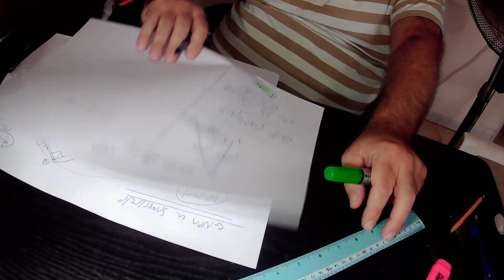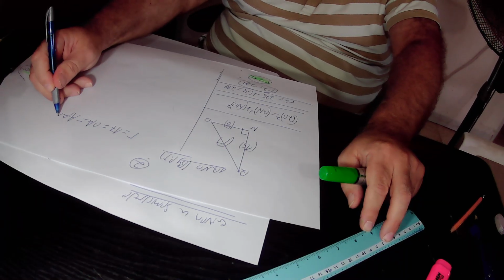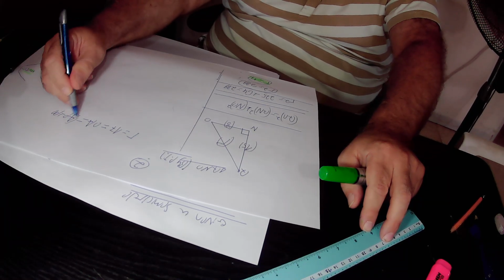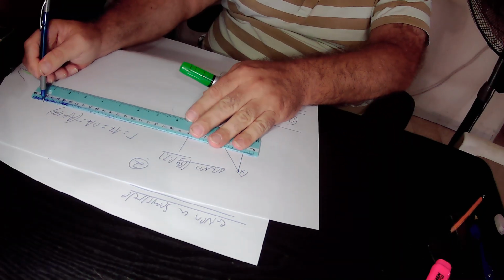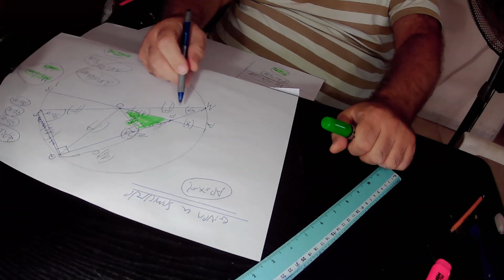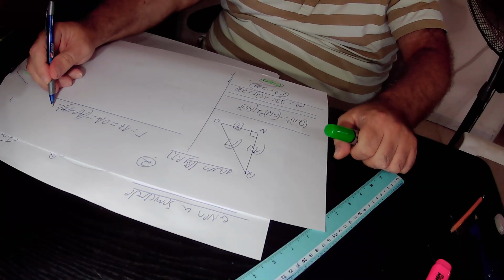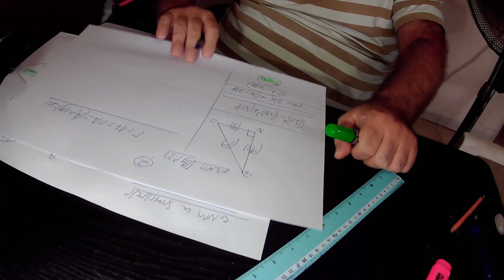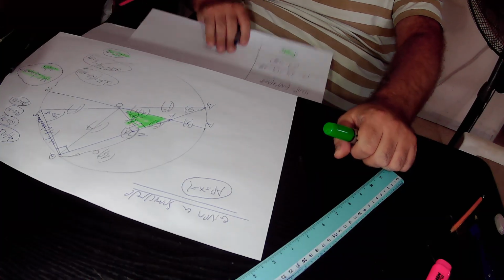OA equals AP, where AP is X, plus PO. PO equals 10 units in length.